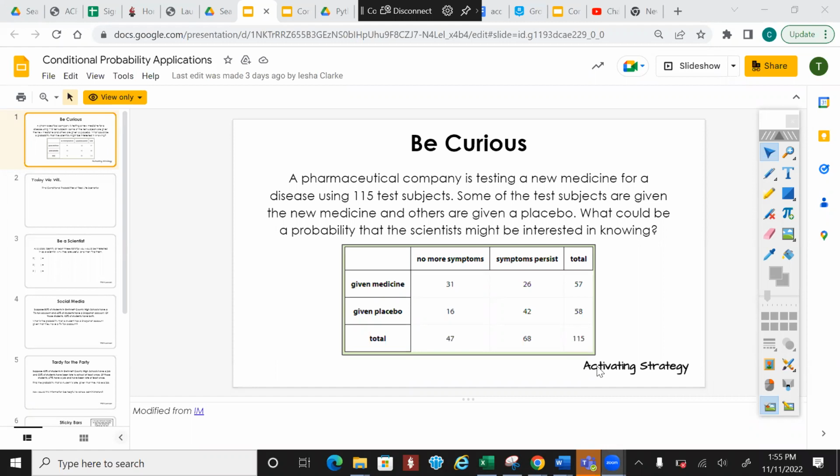So, what could be a probability that the scientists might be interested in knowing? Looking at this data, what would you be interested in knowing about? If they had no symptoms but given medicine, given medicine, okay.